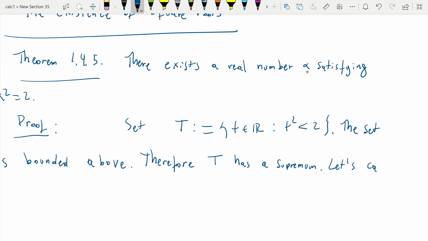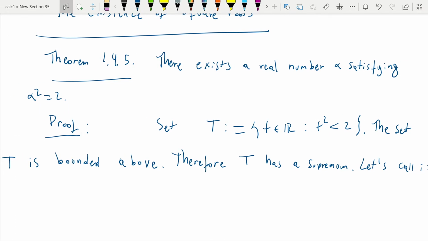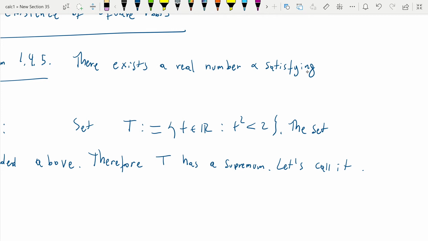Let's call it alpha. There's no surprise here. We're using the same notation, alpha, for the square root we want to find. This is intentional, because the supremum is going to be our square root.